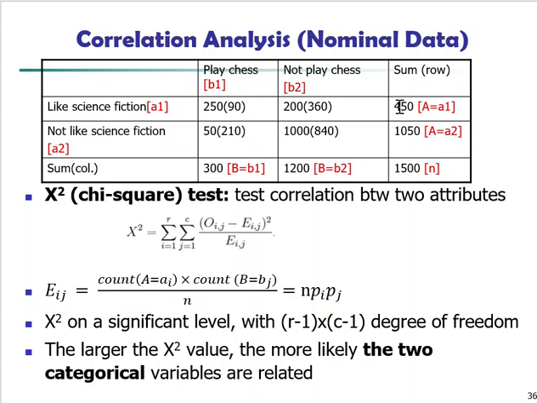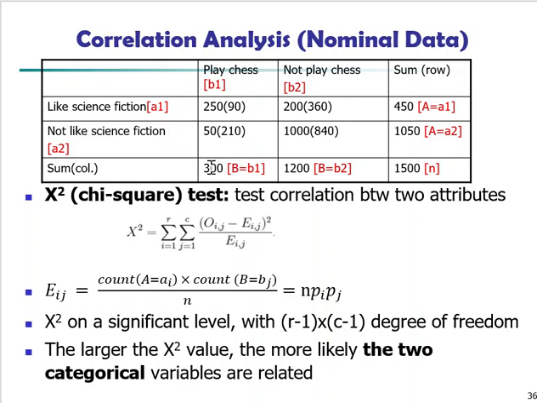This translates directly to this: the count of A1, how many people in total in this data set like science fiction, and the count of B1, how many people in total in this data set like to play chess.